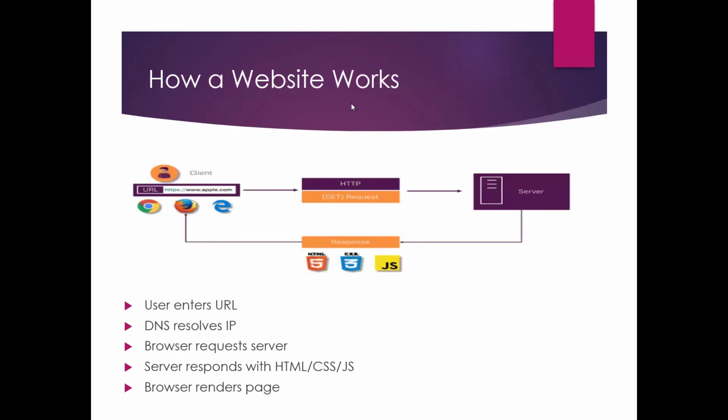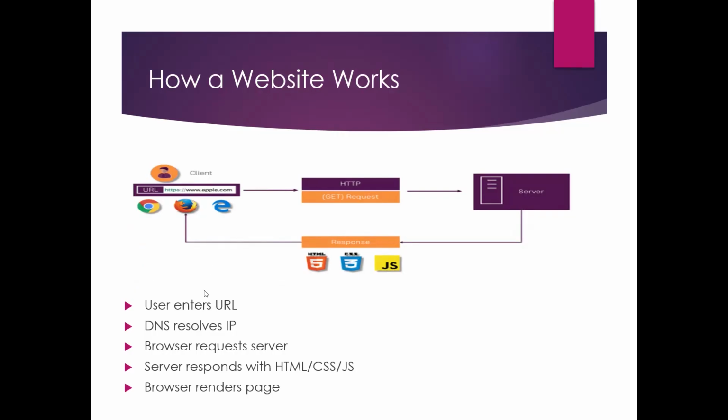Think about how a website works. When a user or client enters any URL in any browser, it sends an HTTP request, that is the GET request, to the server, and in response the server sends a response to the browser, which includes HTML, CSS, and JavaScript.